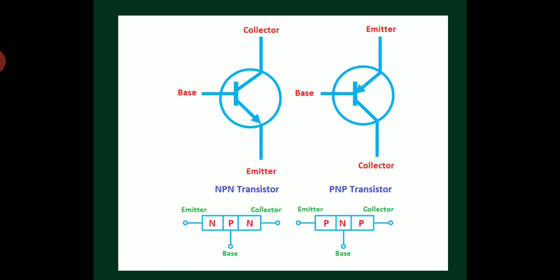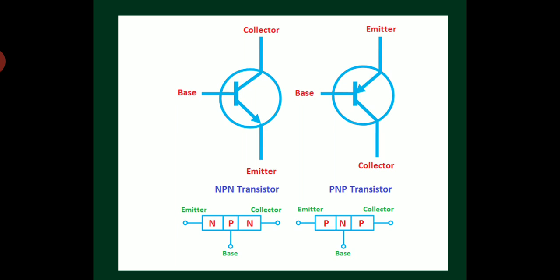Irrespective of the type of transistor, whether NPN or PNP, emitter width is high. Emitter width must be high and base width must be very less, and the width of the collector must be greater than the width of the emitter.